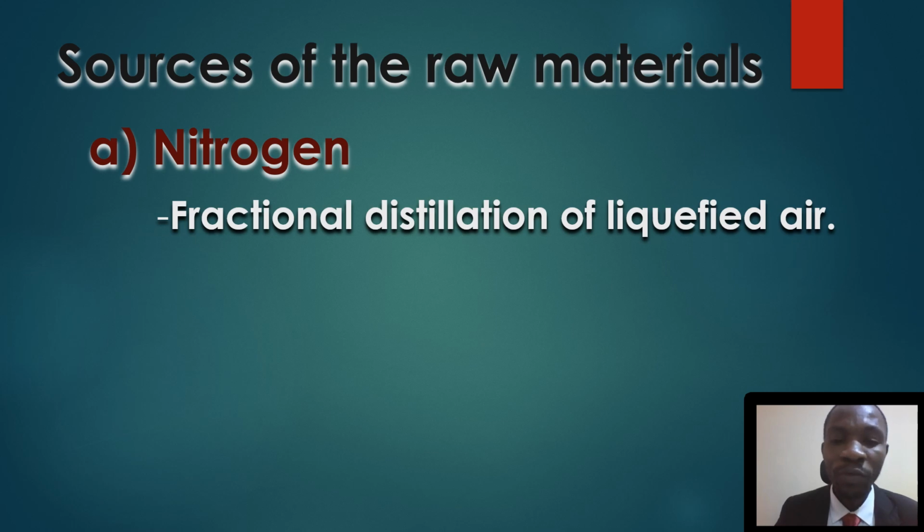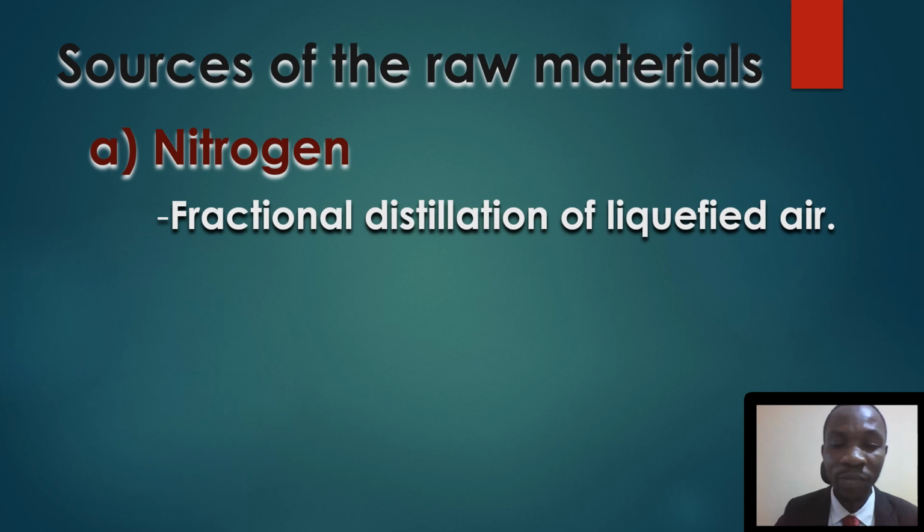Once you remove those, you cool the remaining air to a temperature of about negative 200 degrees Celsius. At that temperature, all the components of the air are in liquid state. Then when you allow the temperature to rise slowly, you are going to collect nitrogen.